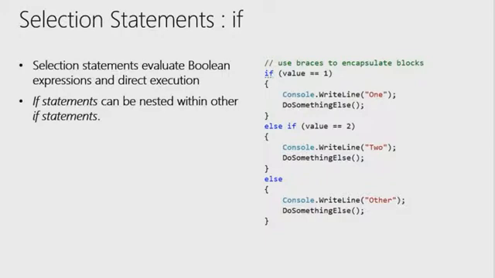In C, you could do an assignment in this scenario, where you could say value equals 1, and it would return the value of that expression, which would be 1, which the C compiler would treat as true and would then go and process. The C# compiler prevents that by saying you cannot do an assignment here, it has to evaluate to a Boolean expression.